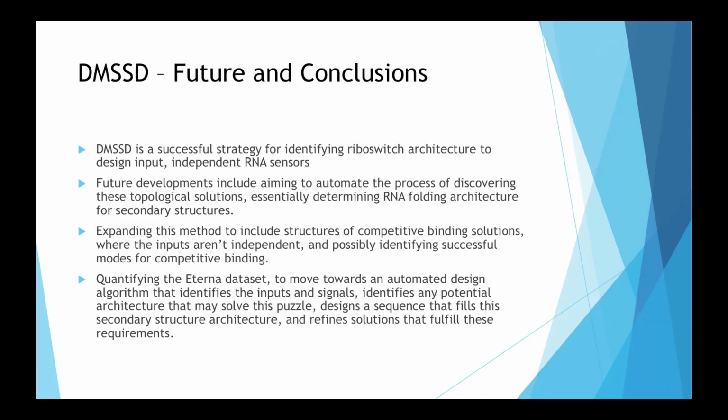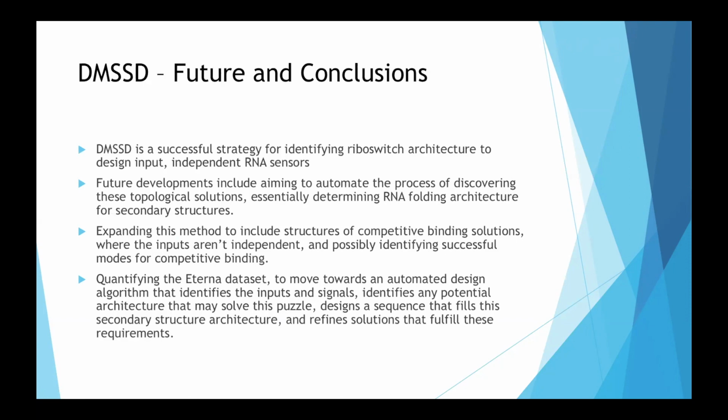Does it retain its structure when oligo A or oligo B binds? It should be interesting to automate this process, because we could use this for essentially any RNA sensor. And expanding this method to include the structures of competitive binding solutions, similar to Andrew's.